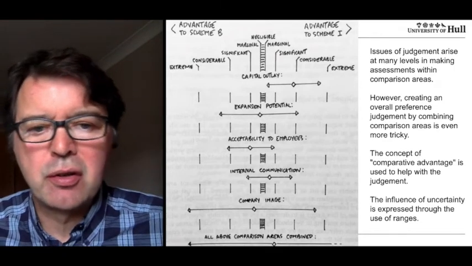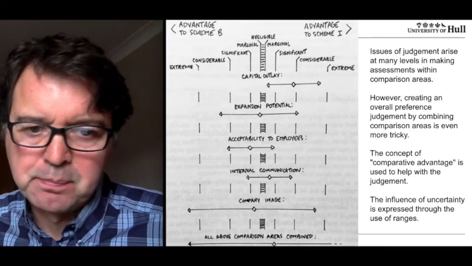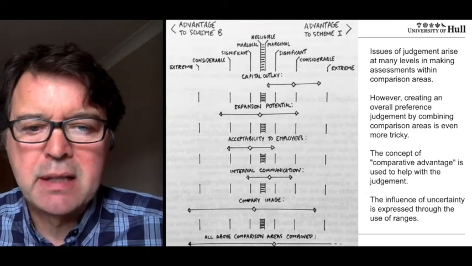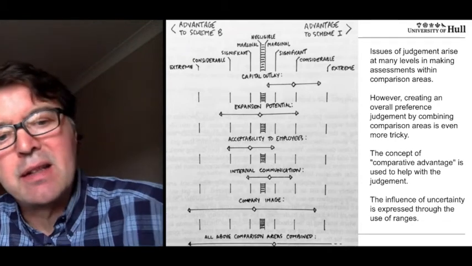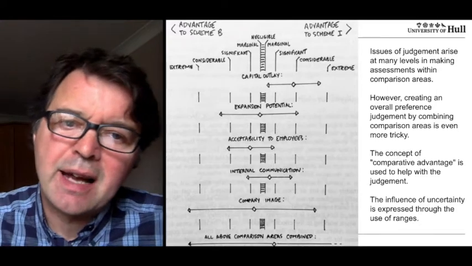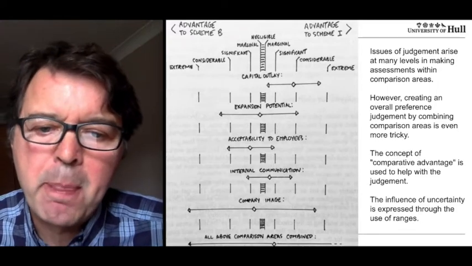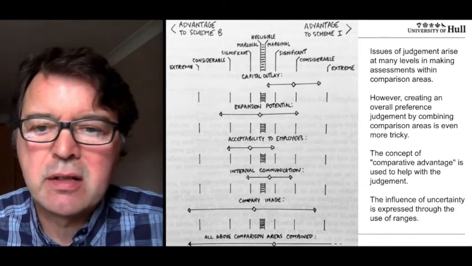Expansion potential is right down the middle, absolutely in the middle there. Acceptability to employees, we can see that scheme B is winning that one. Internal communication, slightly towards scheme I. And company image, there's a lot of uncertainty there, there's a lot of disagreement.